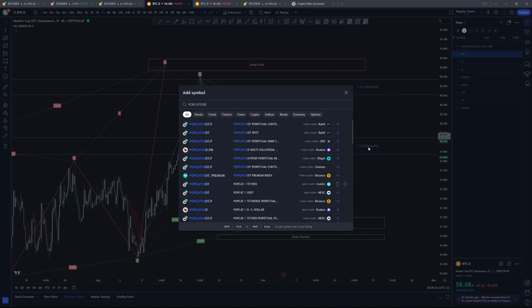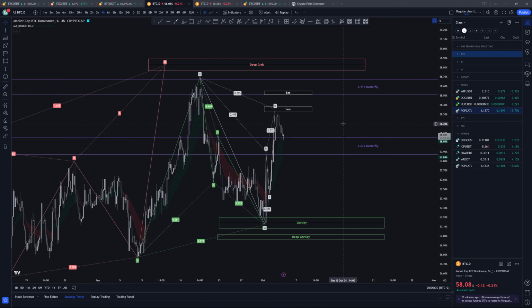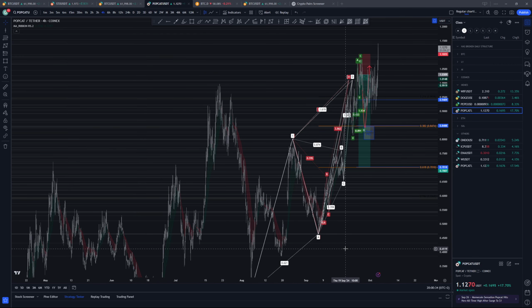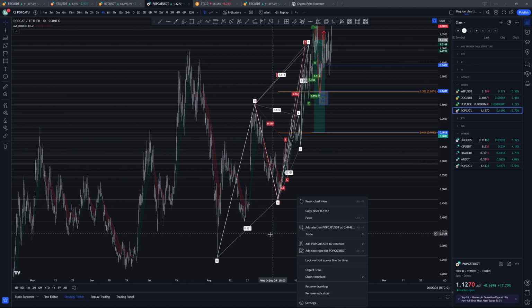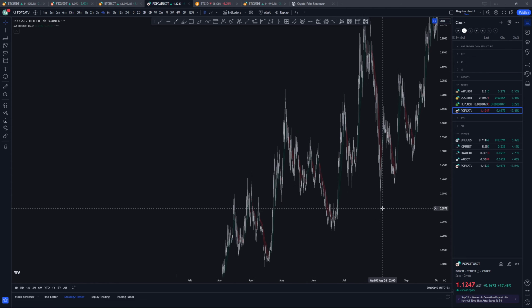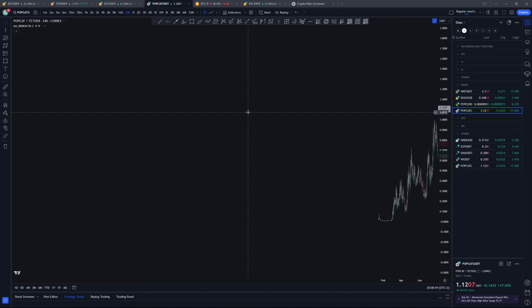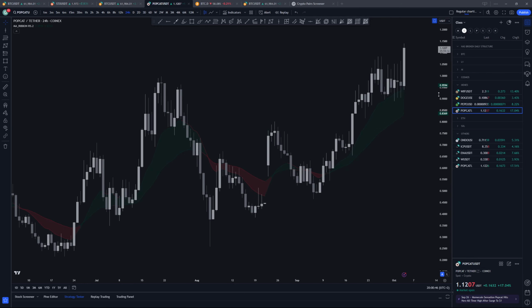Popcat is going to be the first one. I think Maxi was first, or it could be CoinX. I'm going to remove this. Pretty good short actually. Yeah, CoinX was first actually. Okay. Popcat, first request.